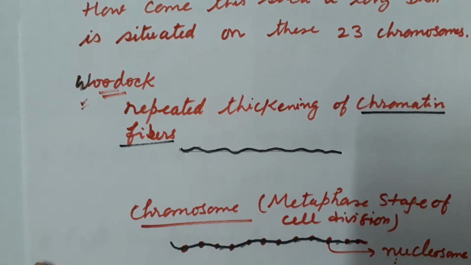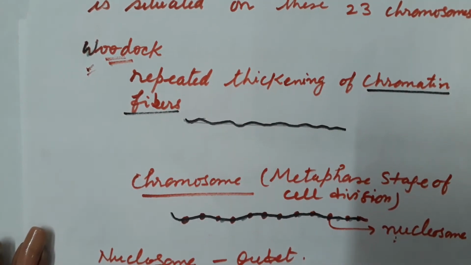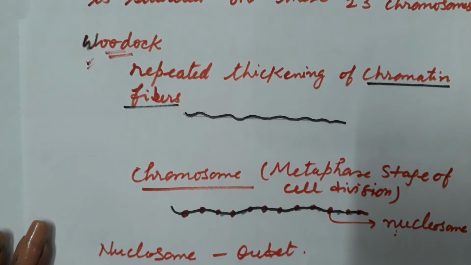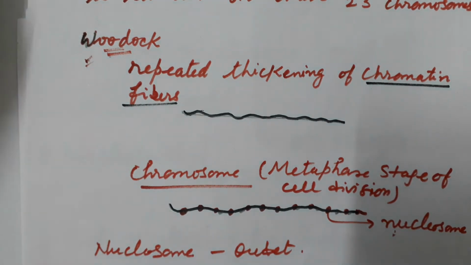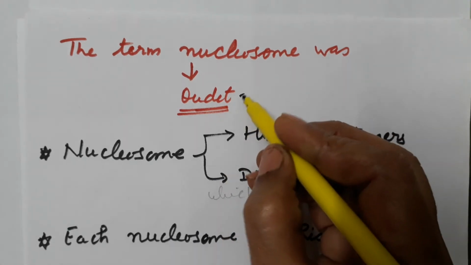What is the structure of the chromosome at that time? It appears like beads on a string or a thread, and we call these beads nucleosomes. The term nucleosome was given by the scientist Oudet.